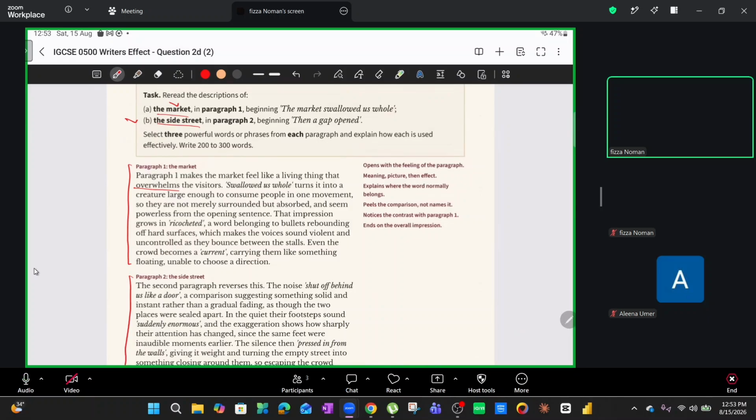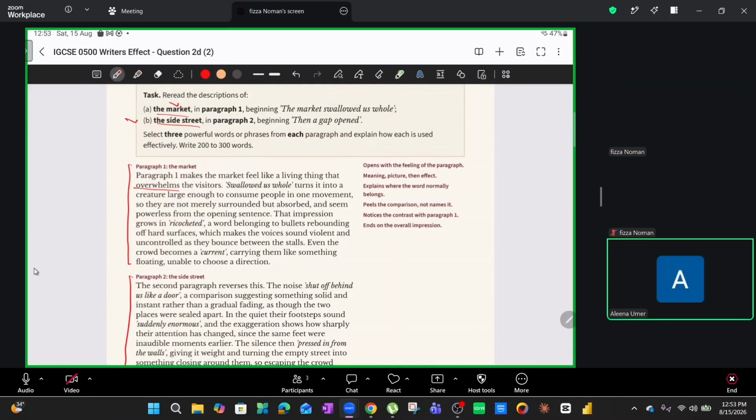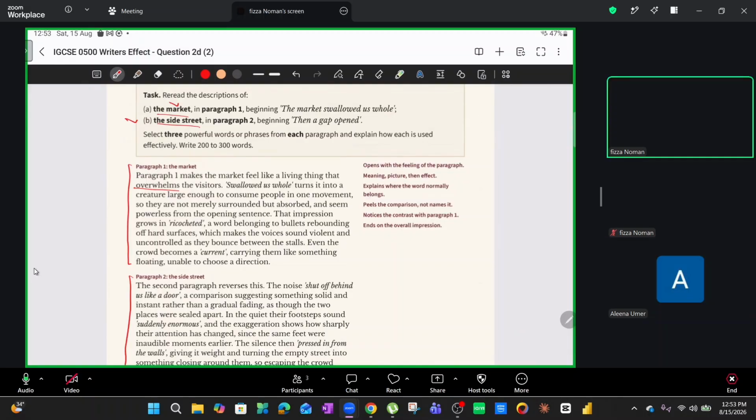Yes. Swallowed us whole turns it into a creature large enough to consume people in one movement. So they are not merely surrounded but absorbed and seem powerless from the opening sentence. So from the very onset, the image being created is that the atmosphere is one of helplessness, and that people can do nothing against the crowd in the market, right?